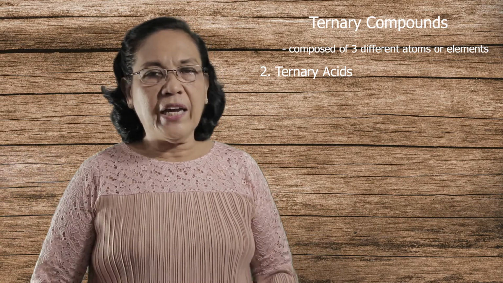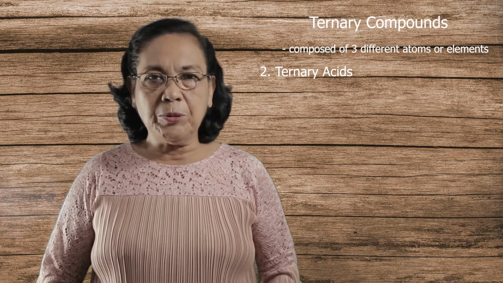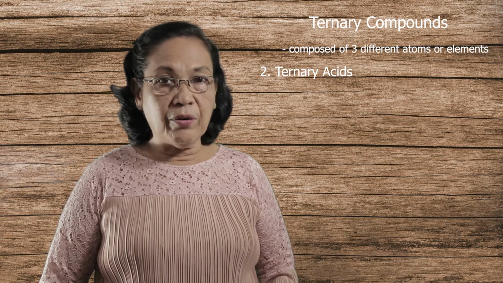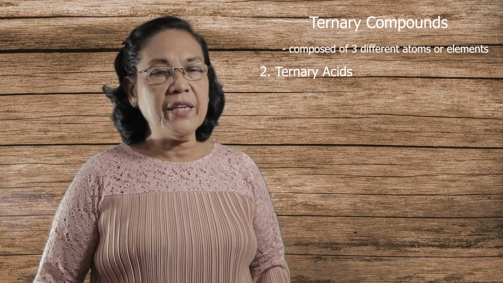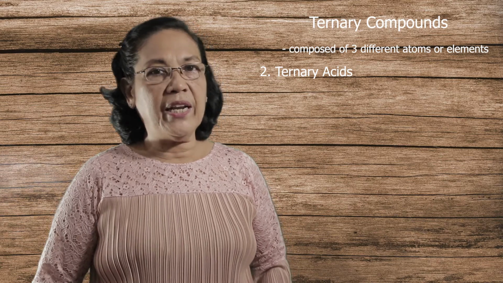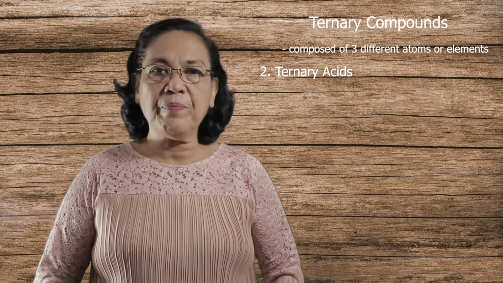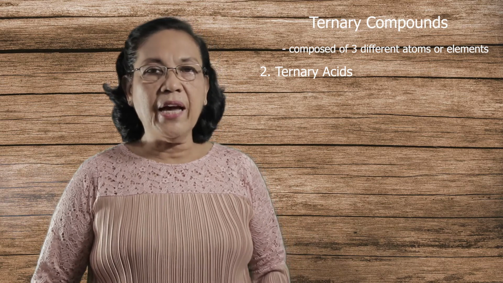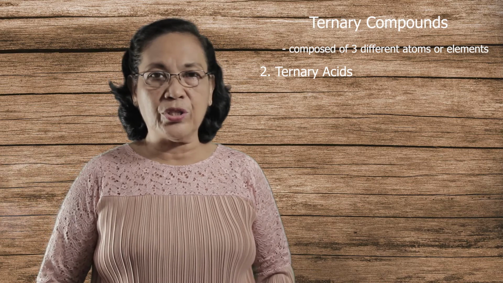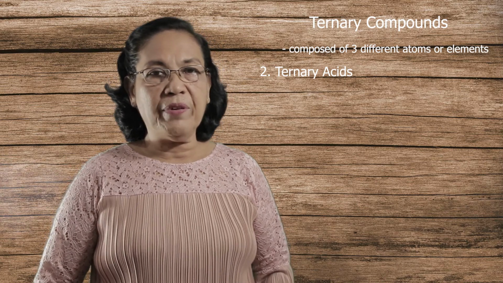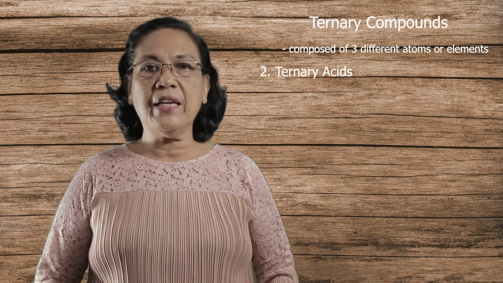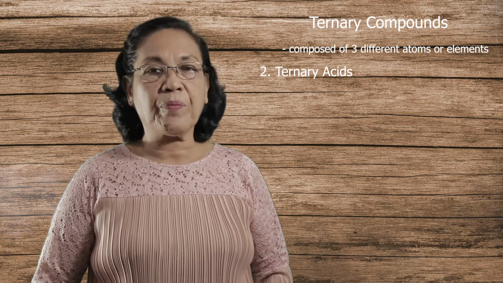central atom. If the central atom has an oxidation number of 1 or 2, then there is a prefix to be used, which is hypo. Then add the stem name of the central atom and end with an OUS ending, or OS. So you have it there: hypo, then the stem name and the suffix OS.